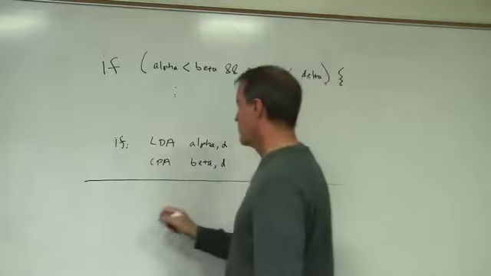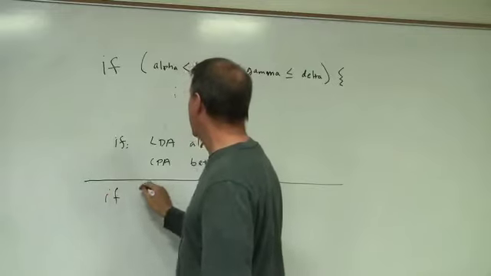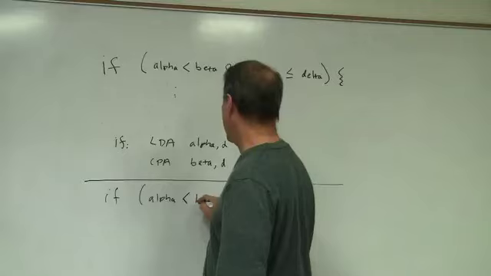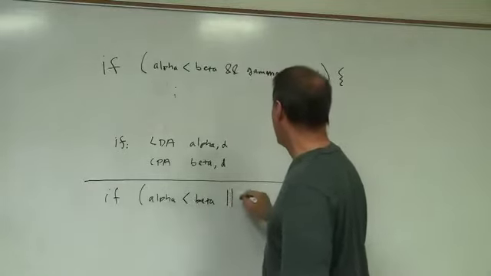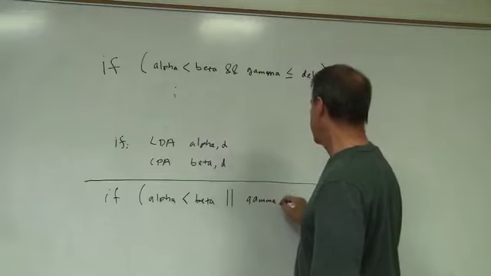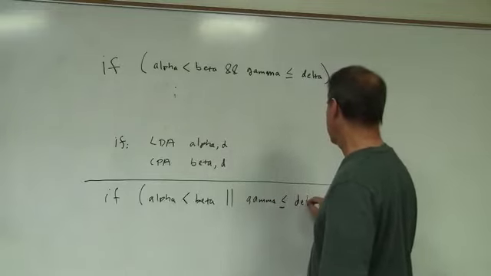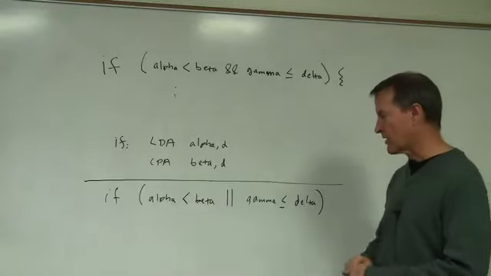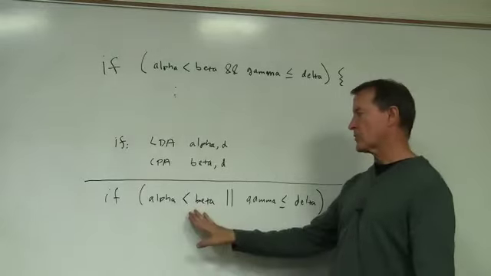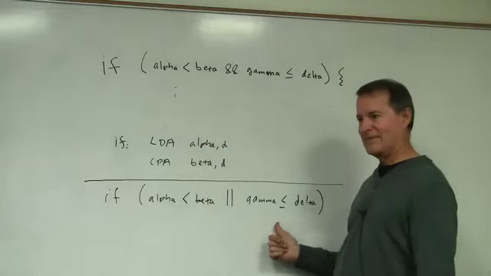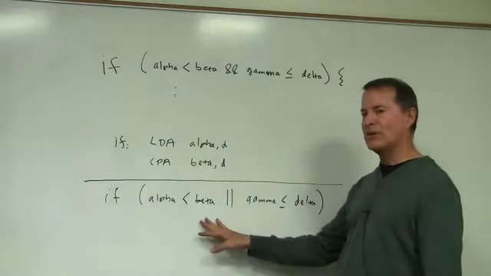Suppose we say if alpha is less than beta or gamma is less than or equal to delta, then. How does short circuit evaluation work in this case? If the first one's true, you don't have to check this, so you can branch to the body.